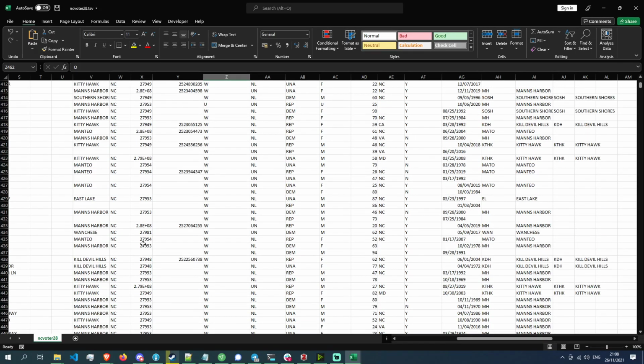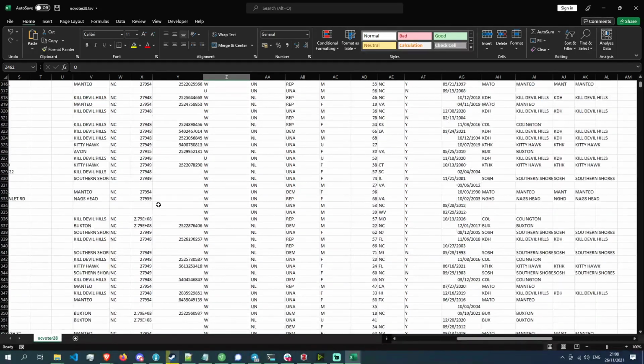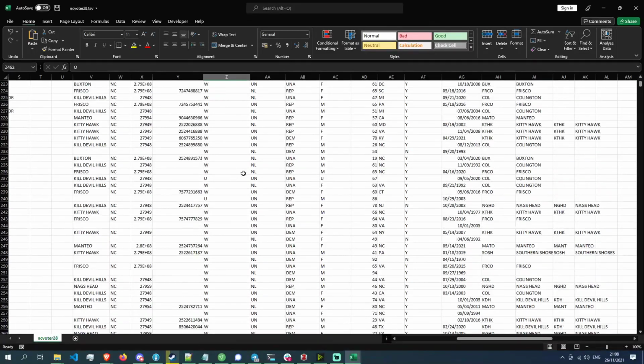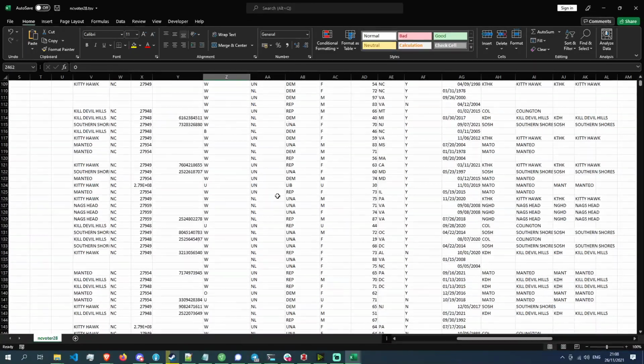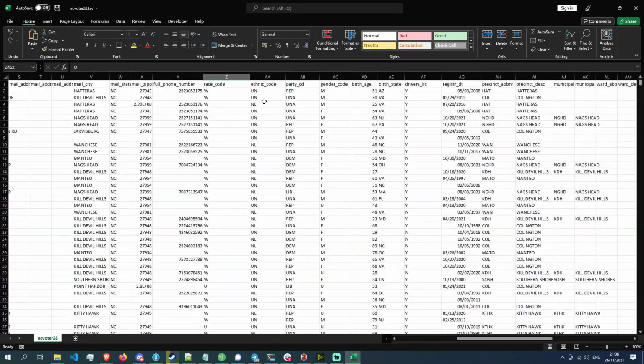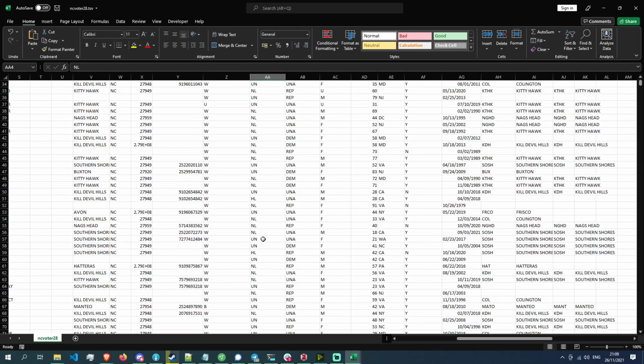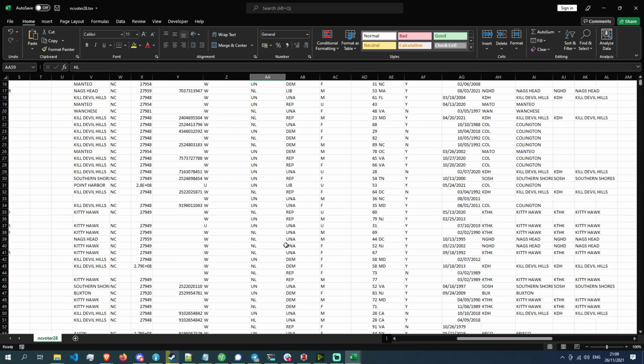There we go. That does not mean that they're of Indian descent, but it's another race code. Then you land on the ethnic code. So undesignated, non-Latino, and Hispanic or Latino. There we go.